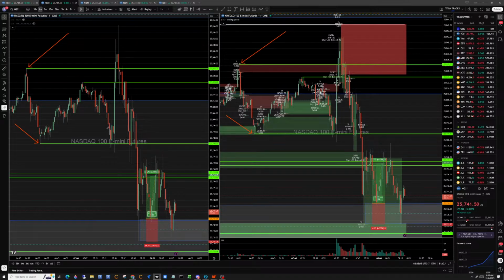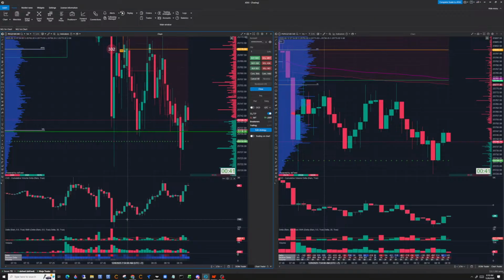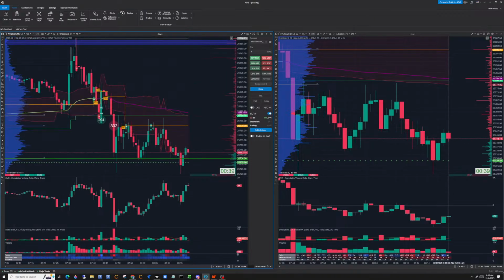So on NASDAQ, it's already curved around. We're super divergent on NASDAQ. Look at the delta here. On NASDAQ, our delta basically since 9:48 has been pushing up, which means we've got buyers aggressively stepping in here, right? But price is pushing down right now.